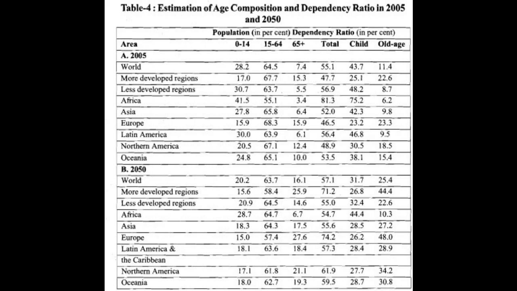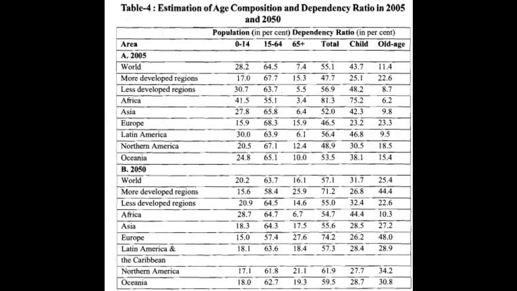The proportion of the population in the age group of 15 to 64 has increased from 57.5% in 1975 to 64.5% in 2005.